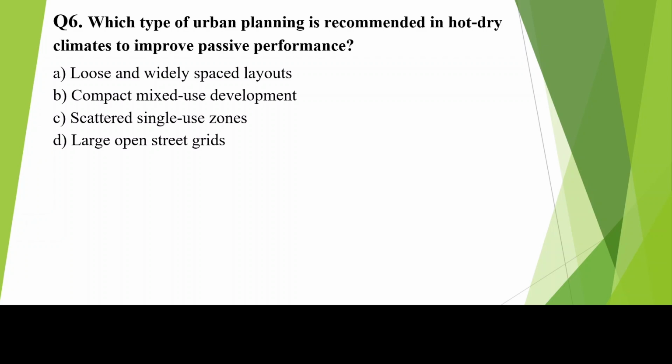So this is a very straightforward question from the four options you can see, and it is talking about the hot and dry climate. So I have already discussed in hot and dry climate which building form or urban planning is preferred. It was also discussed in the lectures.